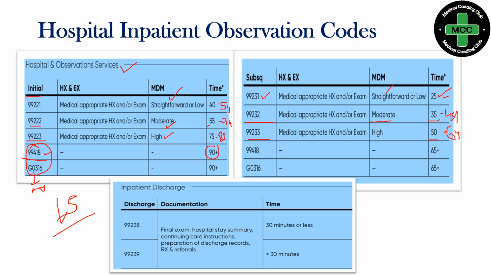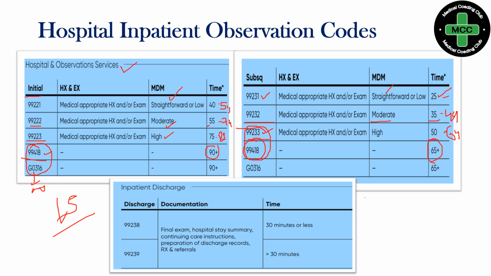And again, the prolonged service code is 99418. If you meet 65 minutes, then you are supposed to code 99233 and 99418 both together. If you get an extra 30 minutes, then you have to give 2 units.